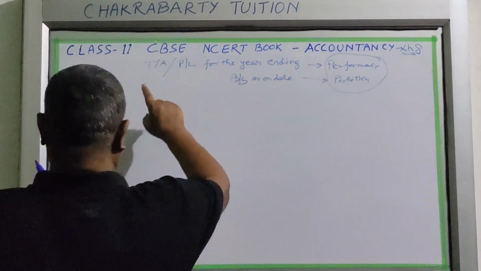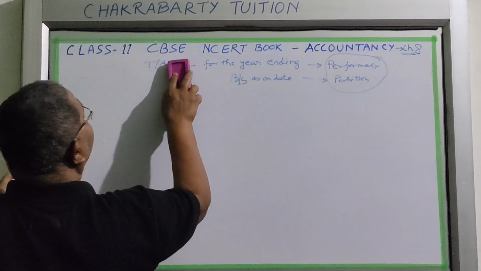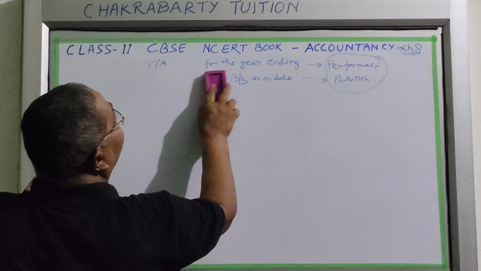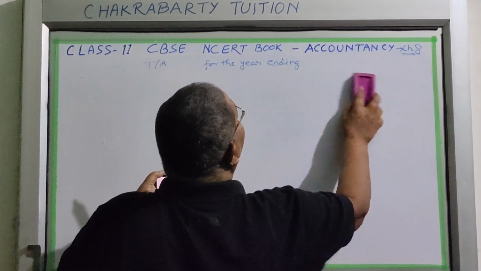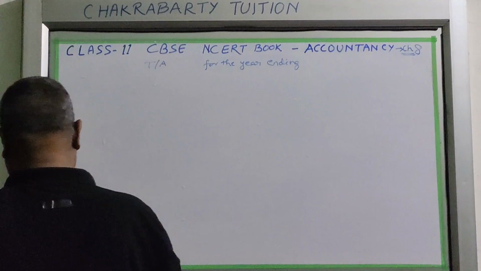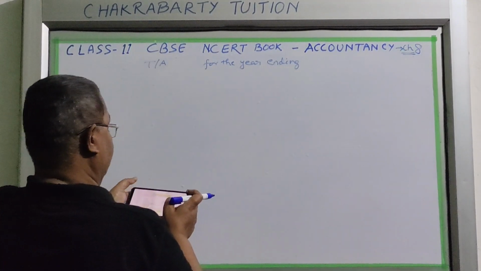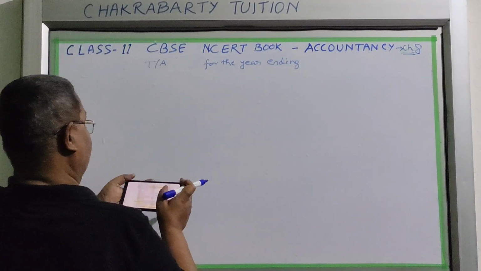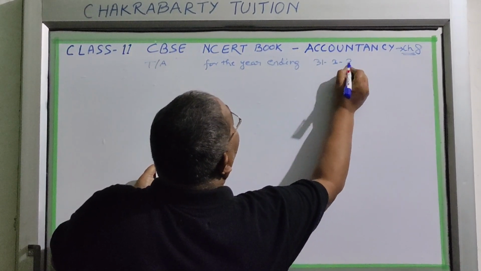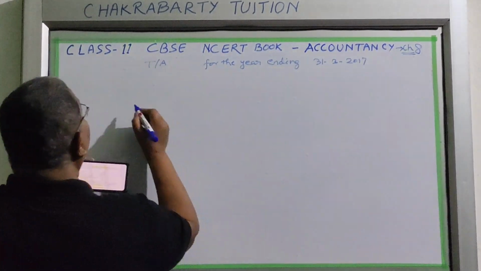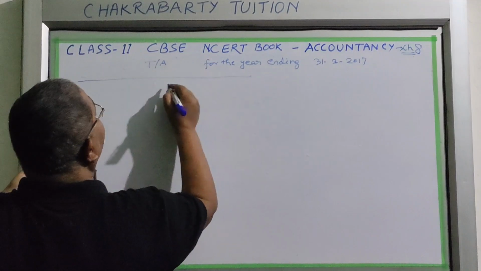So we are going to prepare the trading account here for the year ending. Whatever the year they give, we will write here. In every question you have to write 31st March 2017. So the trading account will again be like this.